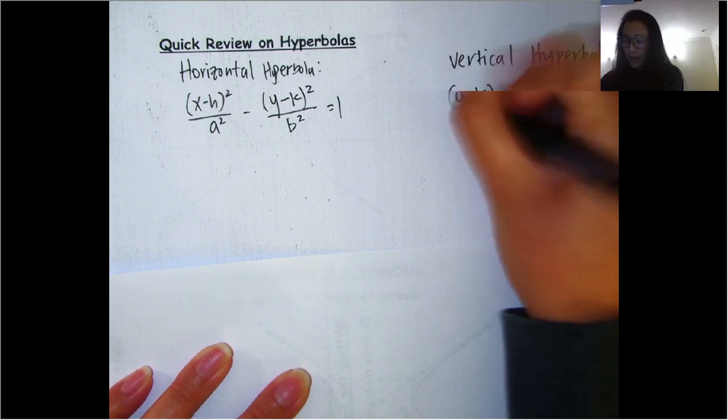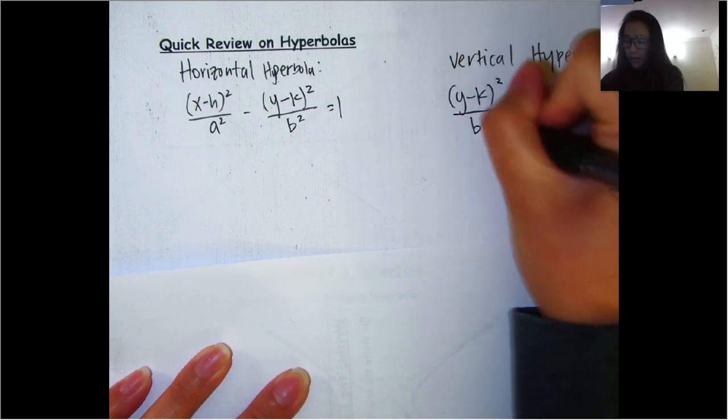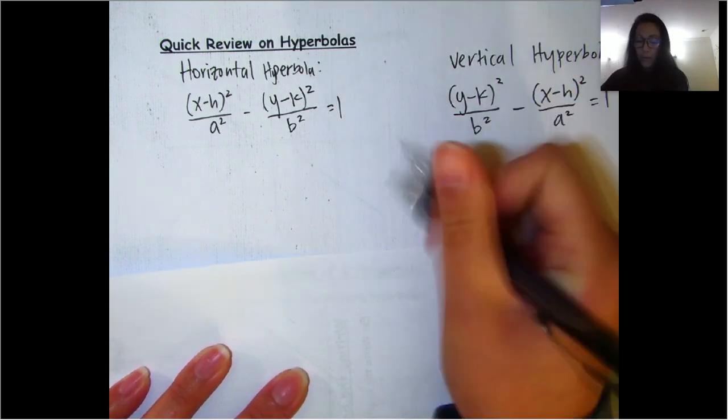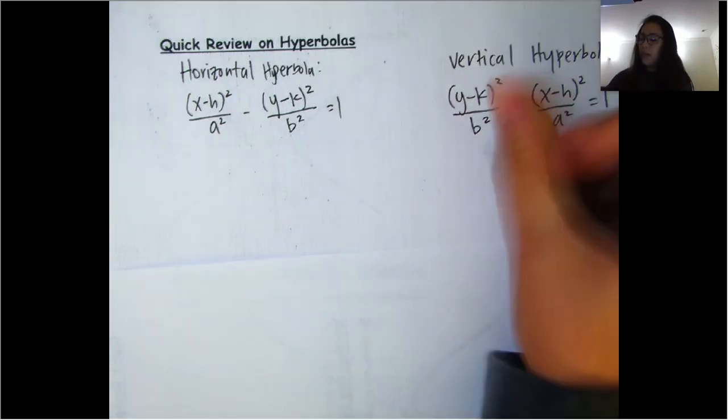So you have (y minus k) squared over b squared minus (x minus h) squared over a squared equals 1. And of course, for both of these, the center is going to be (h, k).